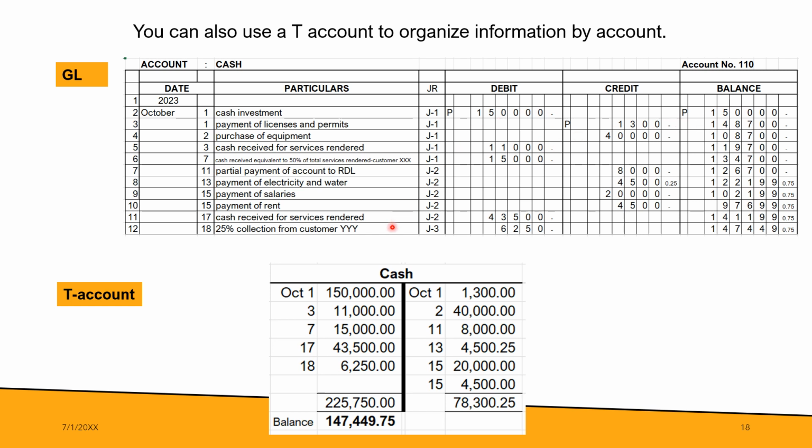So at the end of your last transaction, you can get the running balance. You can easily get the difference of the previous balance and your debit entry to get your ending balance. So this is our general ledger and this is our T account.